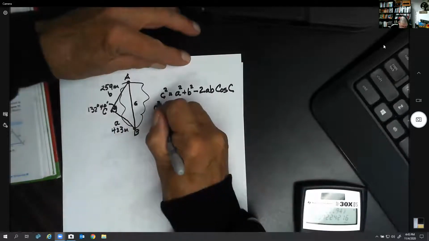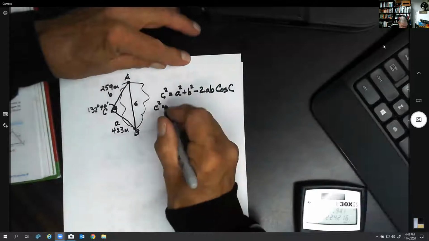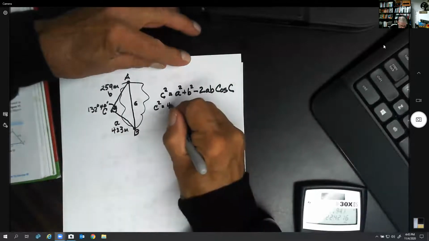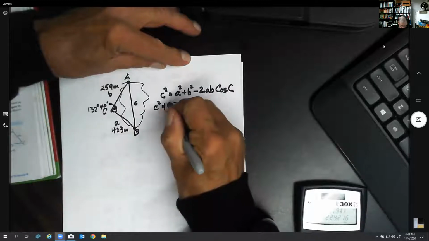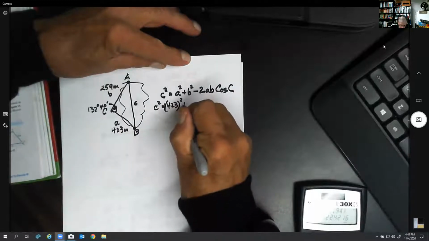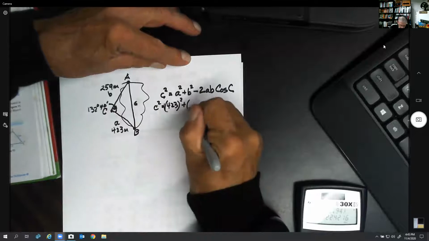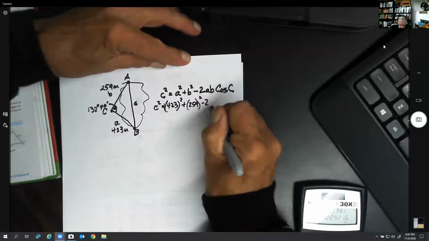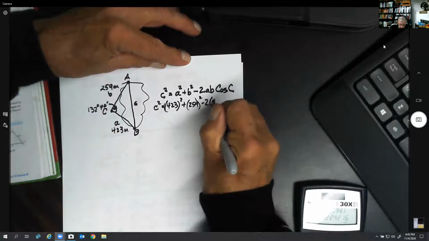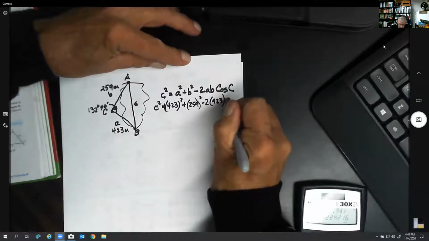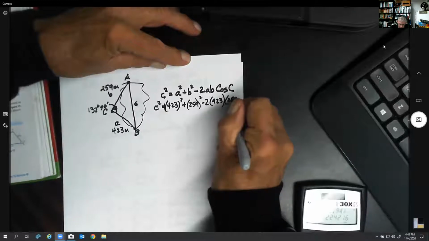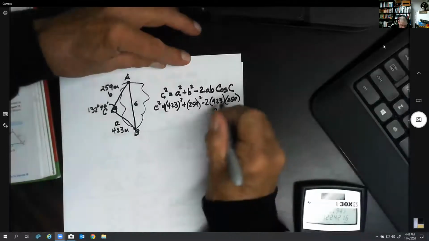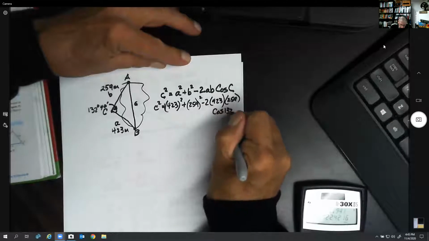So c squared equals a squared, which is what? A squared is right here, 423 squared, kind of a big number, plus b squared, 259 squared, minus 2 times 423 times 259 times the cosine of 132 degrees 40 minutes.